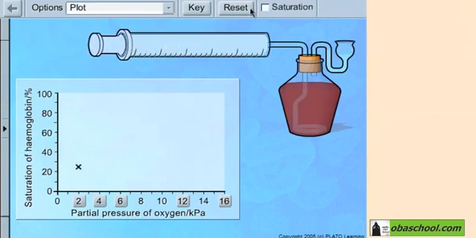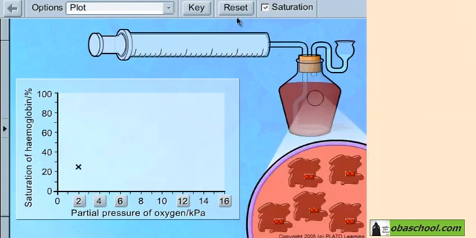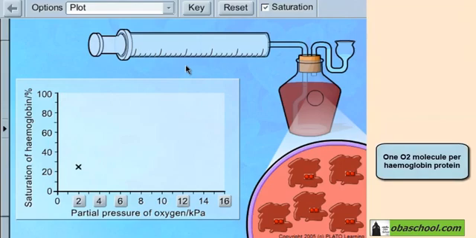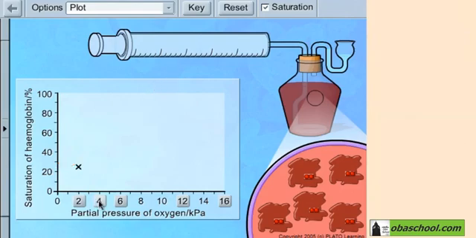Look at the oxygen we are adding. This is the degree of saturation. At 2 kilopascals of oxygen partial pressure, the hemoglobin molecules have 1 oxygen molecule each. That is 25% saturation.